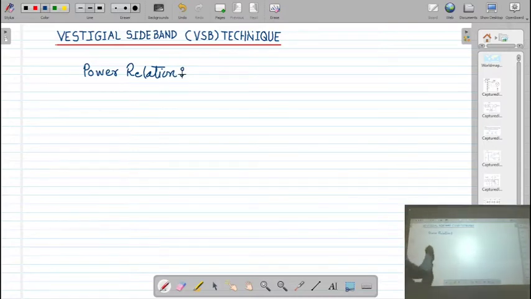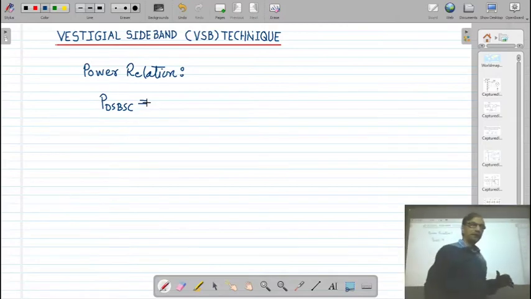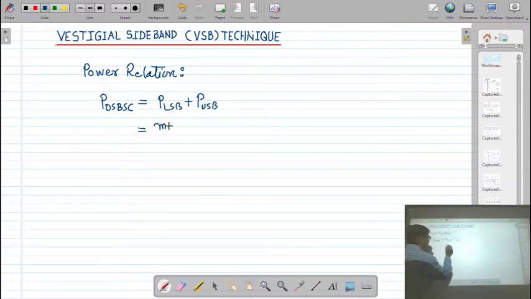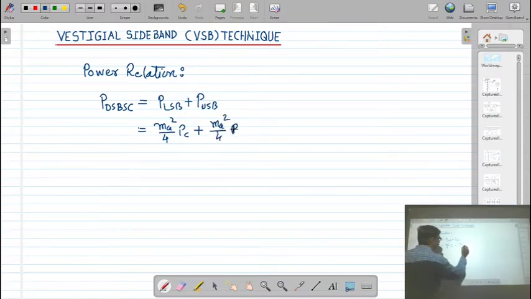So the power of DSBSC, remember, in DSBSC we transmit both the sideband frequencies. So the power of the LSB will be there and the power of the USB will be there. And we know that the power of the LSB is given by Ma square by 4 into Pc. Same way the power of the USB is also given by Ma square by 4 into Pc.